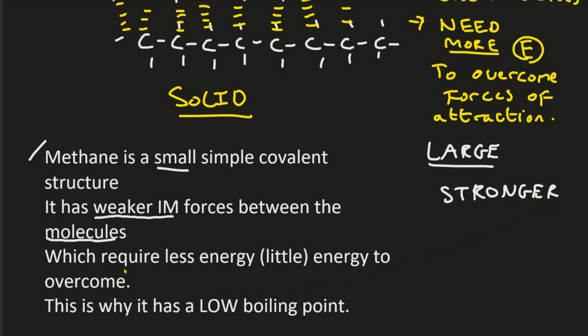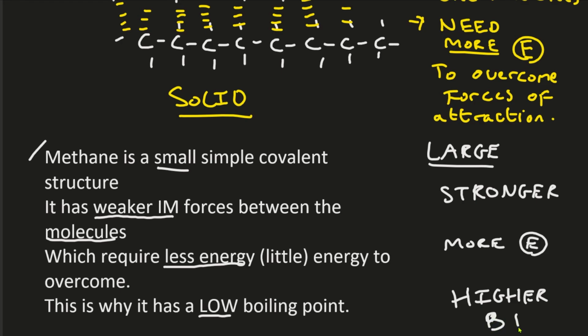And instead of writing which require less energy, you would say you need more energy to overcome the forces. And instead of writing a low boiling point, in polyethene you would say that there is a much higher boiling point, BPT for short. All right, thank you for listening.